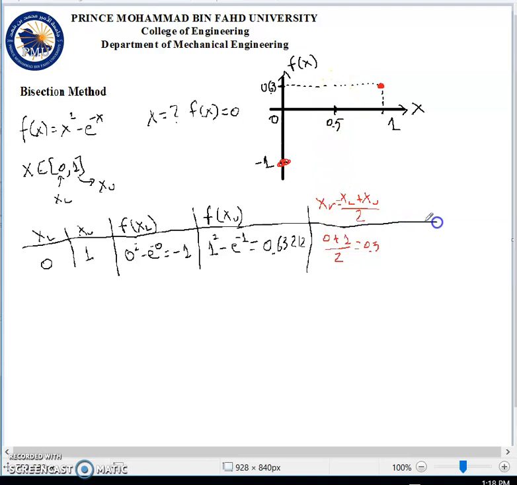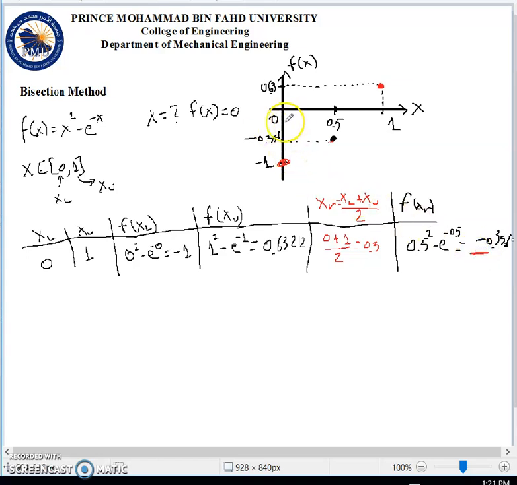So how will I do this? I'll take this xr we just calculated and replace it in the function. So we're going to find f of xr, which will be 0.5 squared minus e to the minus 0.5, which will equal minus 0.356.